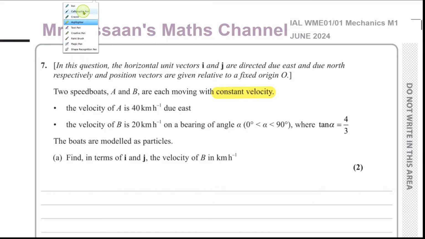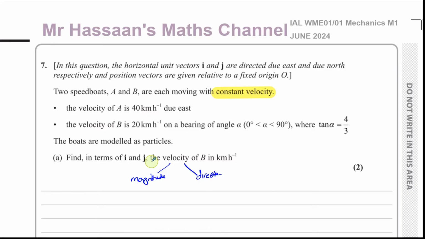We should know that velocity is a vector quantity. Velocity has a magnitude, and it also has a direction.